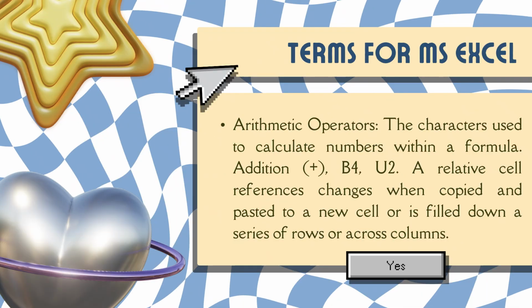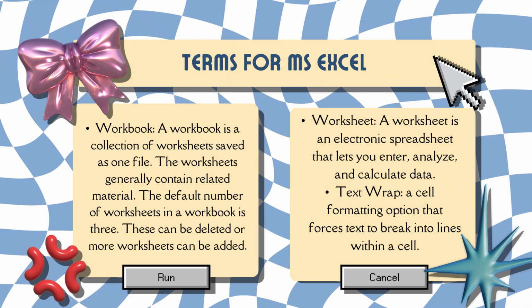Arithmetic operators. The characters used to calculate numbers within a formula. Addition, plus. A relative cell reference changes when copied and pasted to a new cell or is filled down a series of rows or across columns. Workbook. A workbook is a collection of worksheets saved as one file. The worksheets generally contain related material.